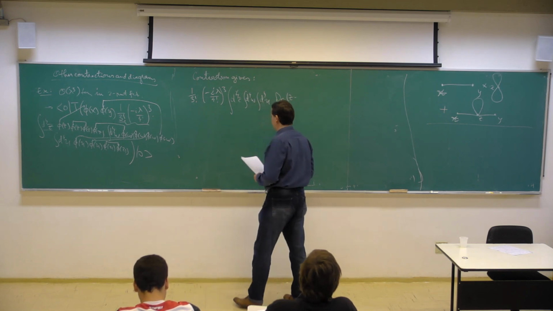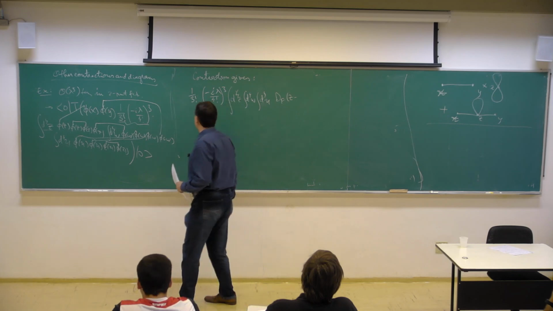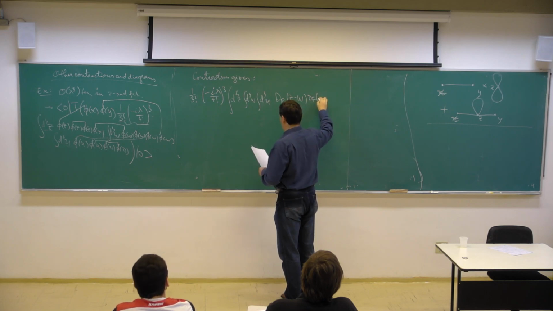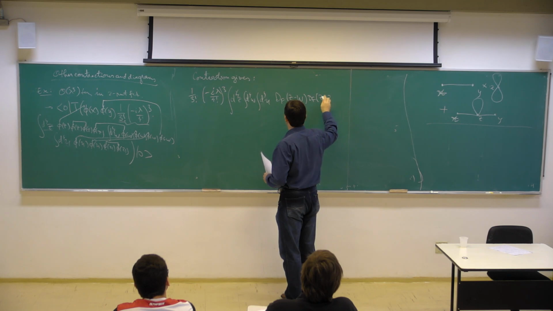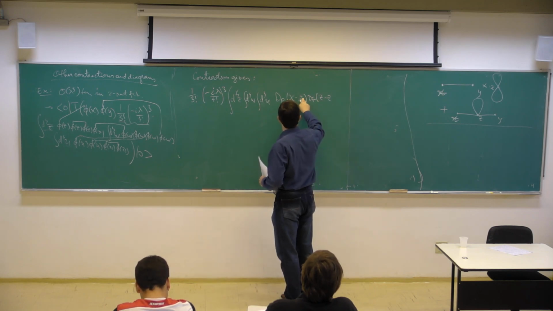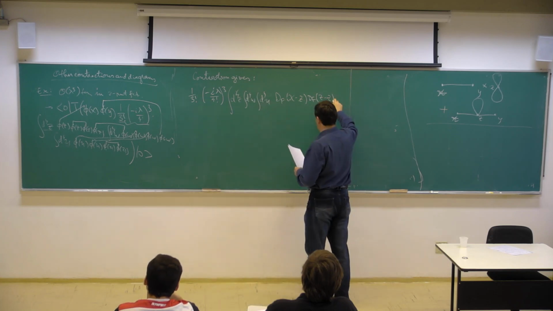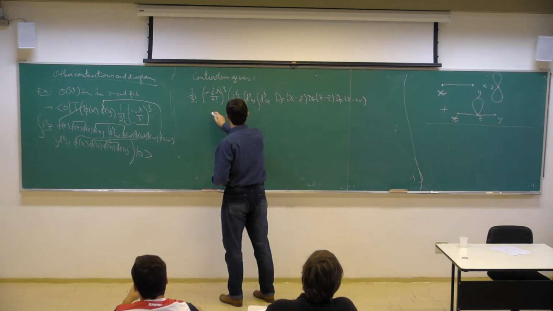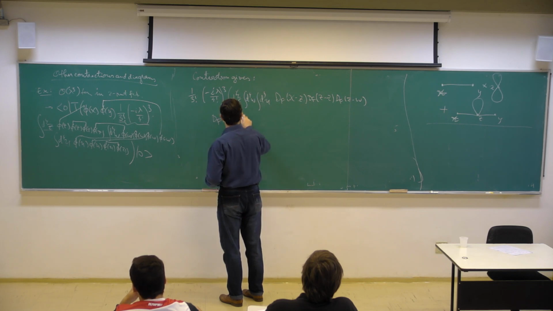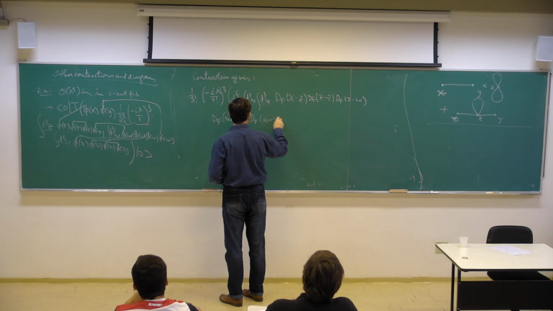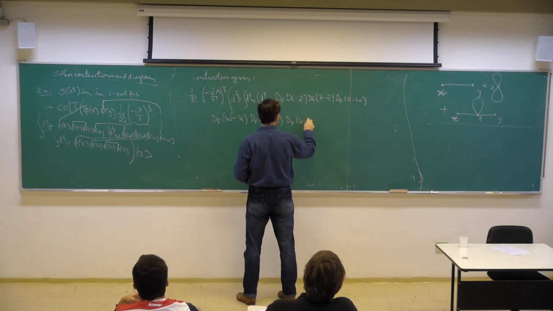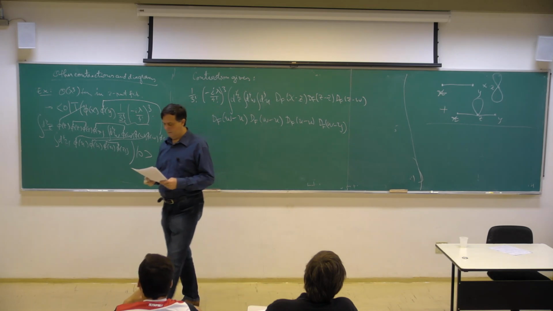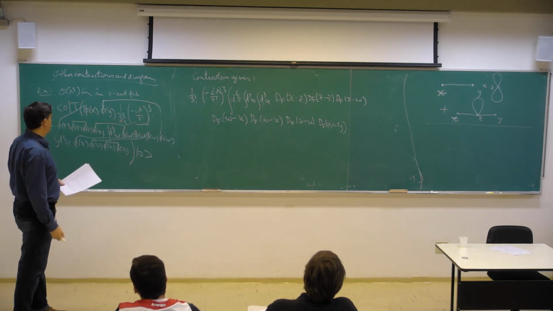So, Z minus W, sorry, X minus Z, and X minus Z, the first one, then Z minus Z, then Z minus W, then W minus U, one more W minus U, then U minus U, and finally W minus Y. Okay? These are all the contractions I wrote on the board.